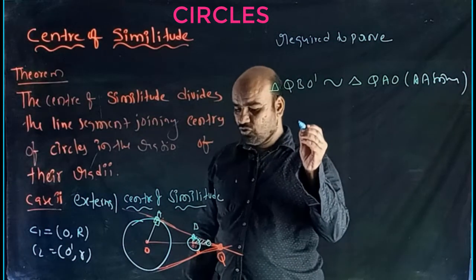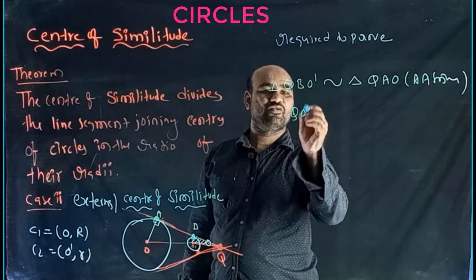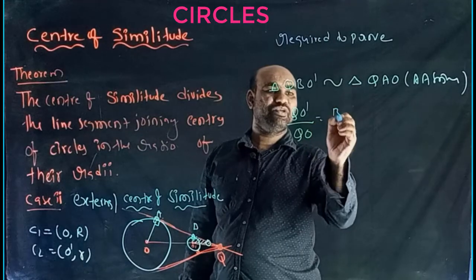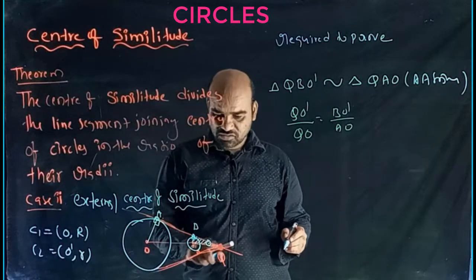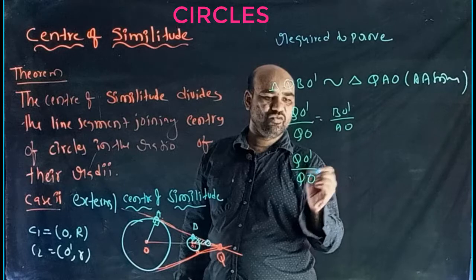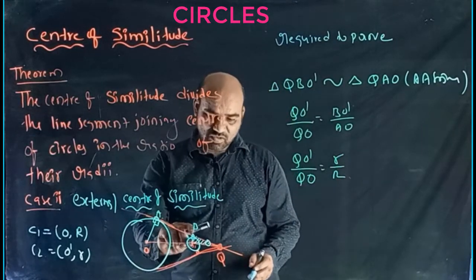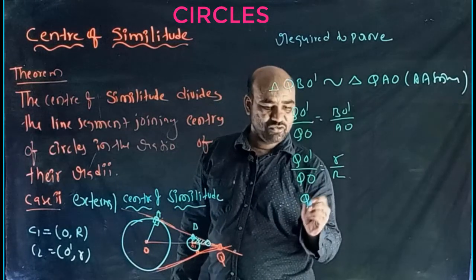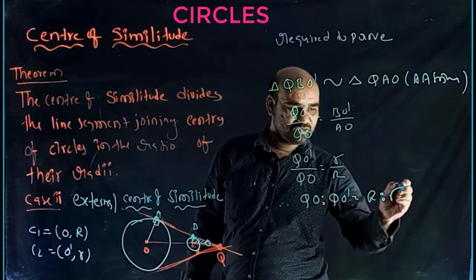Therefore, I can say QB, no, I don't want QB, I want QO dash. QO dash by QO equals BO dash by AO. QO dash by QO equals small r by capital R. See here, BO dash means small r, AO is capital R. Therefore QO is to QO dash equals capital R is to small r.